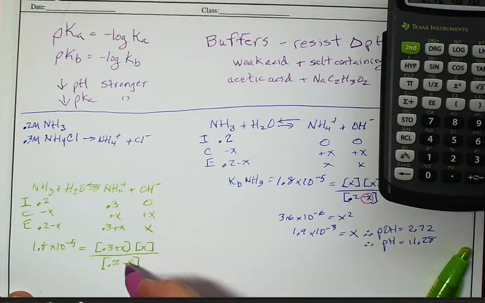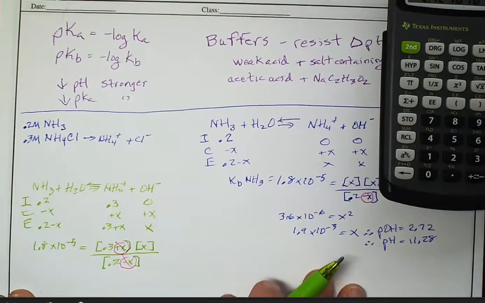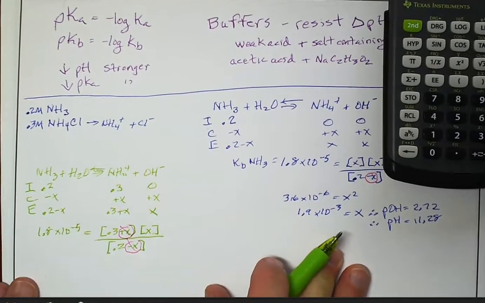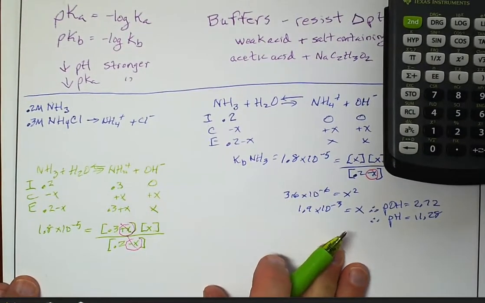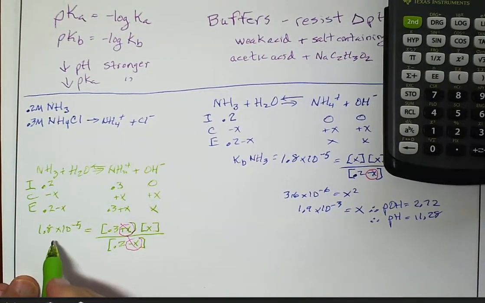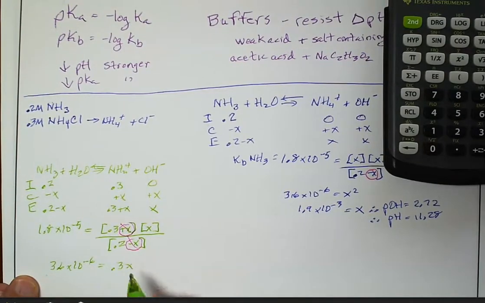As usual, we're going to say, when you subtract x or you add x, it doesn't really change the number you're adding or subtracting it to or from. So now we get 3.6 times 10 to the minus 6 equals 0.3x.